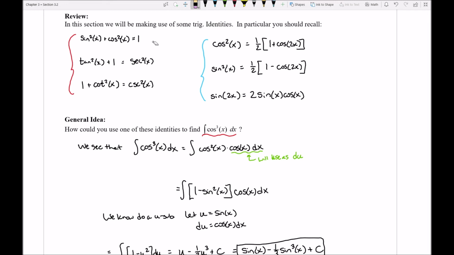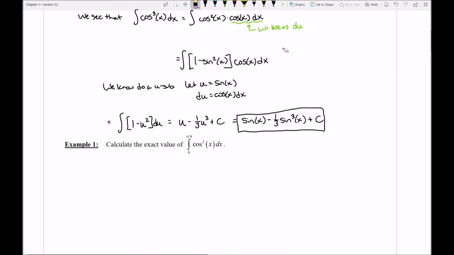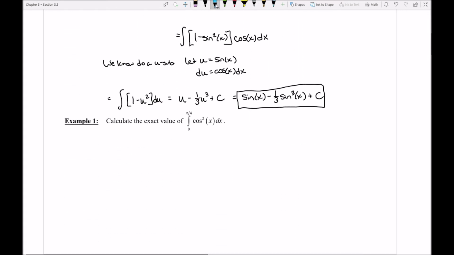So instead, it's in this moment when I have a cosine squared or a sine squared that it can be really advantageous to use one of my blue identities. Notice here, my cosine squared of x can be equal to some quantity here that has only cosine to the first power, which is going to make it much, much easier to integrate. So I'm going to go ahead here and mark this with blue to indicate that I'm using one of those blue identities. Let's see what we have.